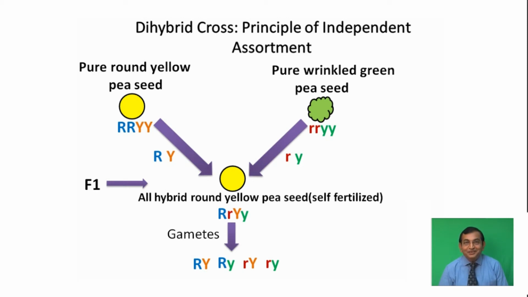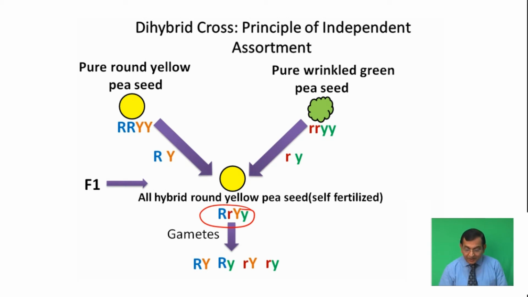In the F1 generation, he obtained all hybrid round yellow pea seeds. These hybrids are self-fertilized.